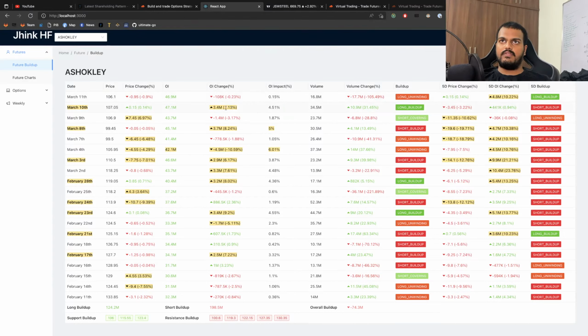But ultimately, if you see here, 3.4 million is the new long build-up after that. So it gives a huge confusing signal. These both together give a huge confusing signal whether it is long or short. But if you're seeing someone who is long here, again, this change was minimum. So this is giving a huge confusion.